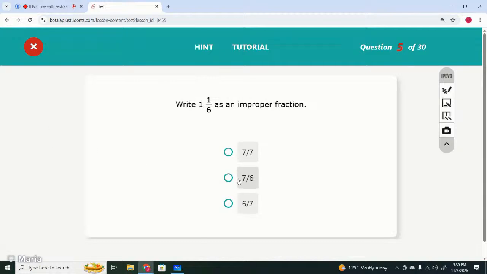Option number 2 is the correct option. Write 5 whole 5 by 2 as an improper fraction. So which is the correct option? That is 27 over 6. Option number 3 is the correct option. Okay, you can complete the lesson by yourself later today.